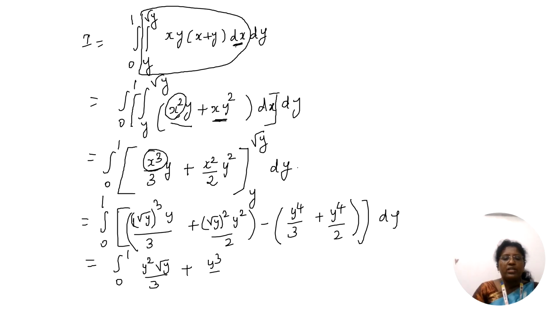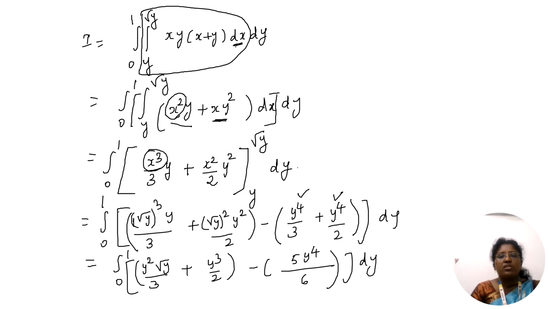So y cube by 2 minus, now we will simplify these two terms by taking LCM. 3 and 2, LCM is 6. So we will be getting 2y power 4 plus 3y power 4. So we are getting 5y power 4 divided by 6 into dy.